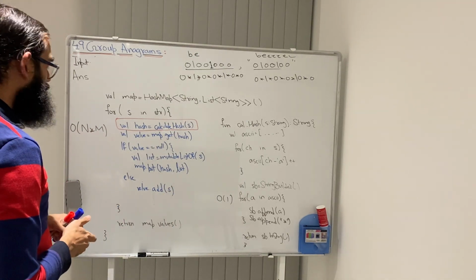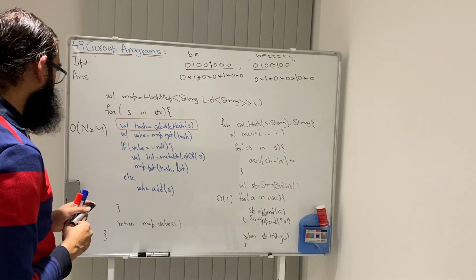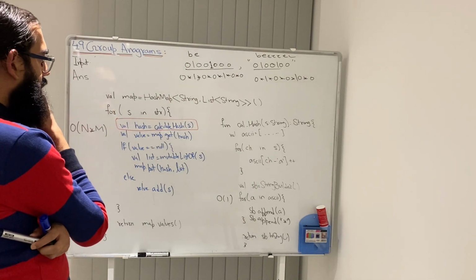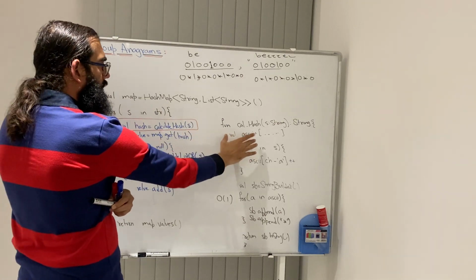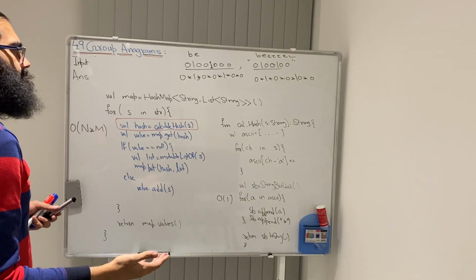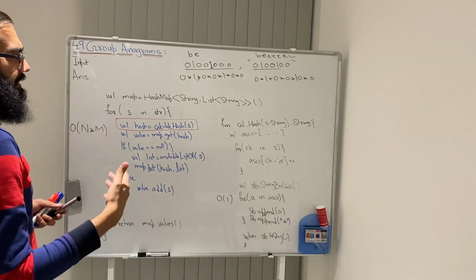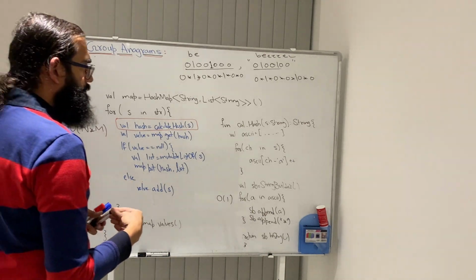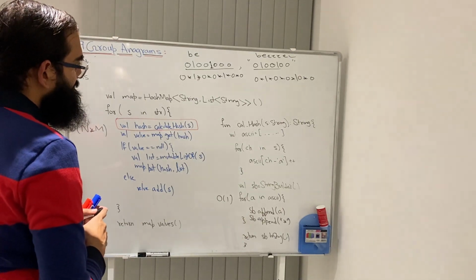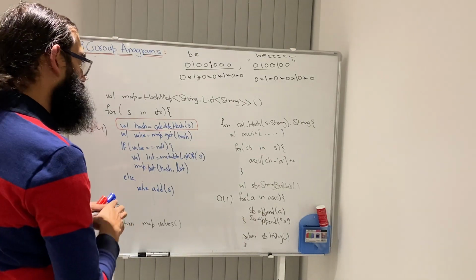And then what else about the space? I think space is still the same. So this one is big O of 1. ASCII is always 26. It's independent from the input. Then what else do we have?